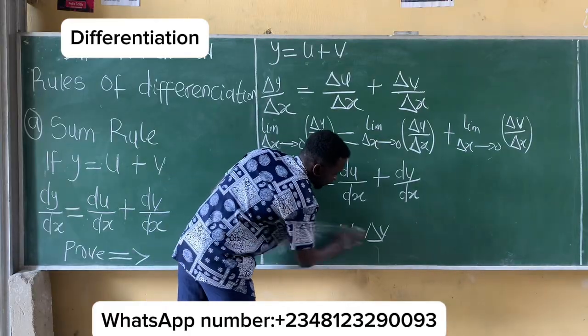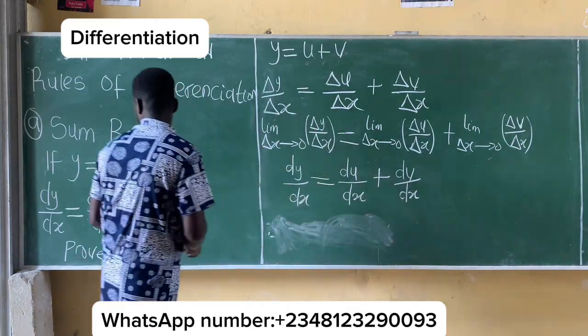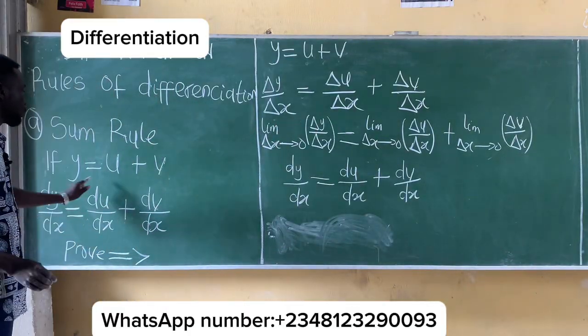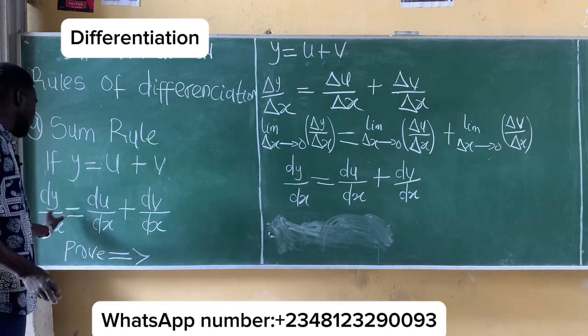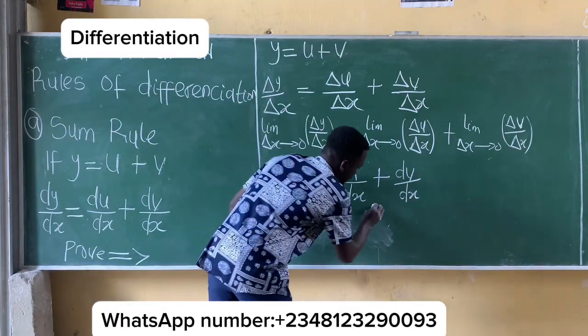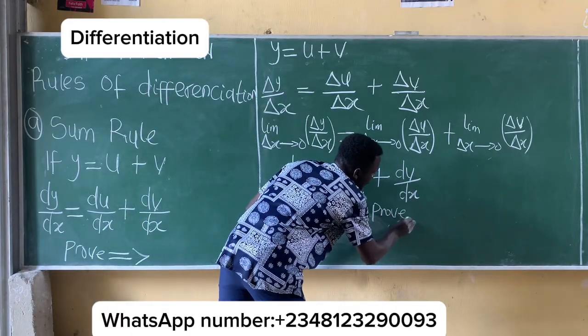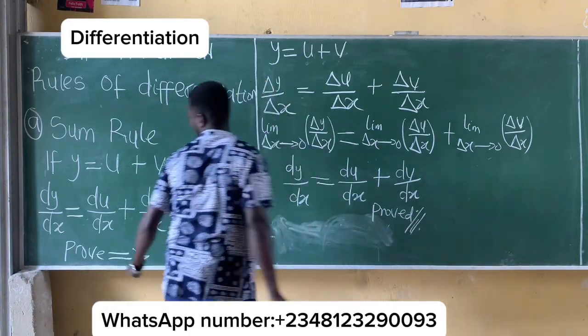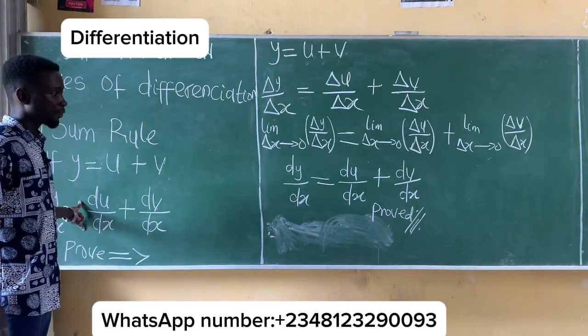So therefore, if y is equal to u plus v, our dy/dx becomes du/dx plus dv/dx. So this is the proof of how we got this formula.